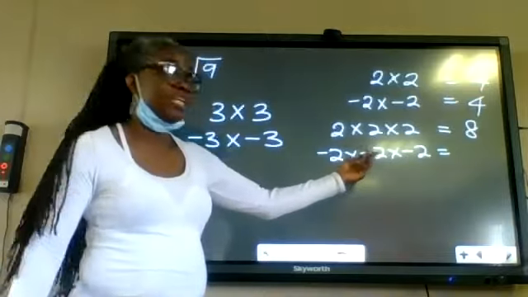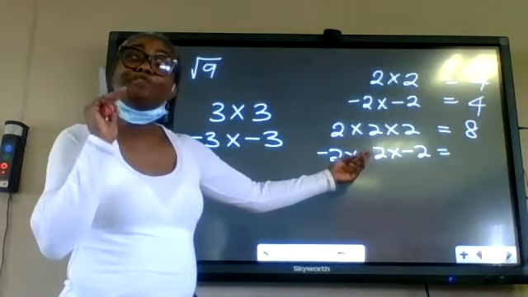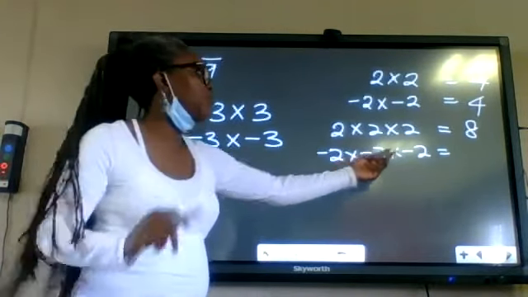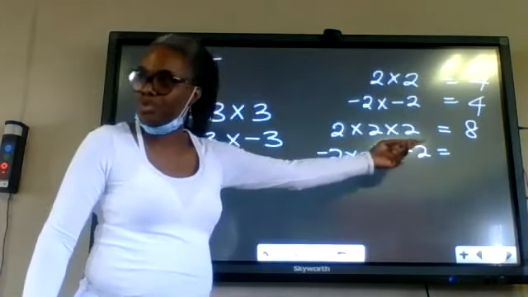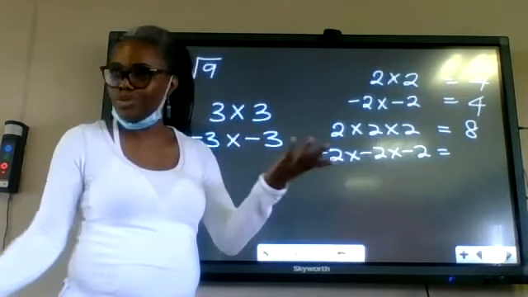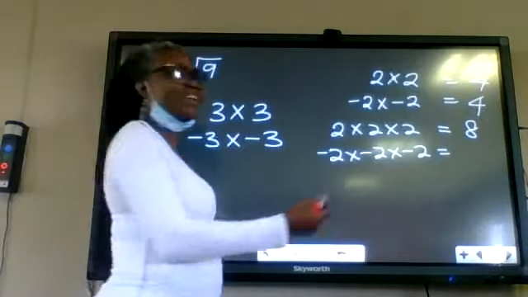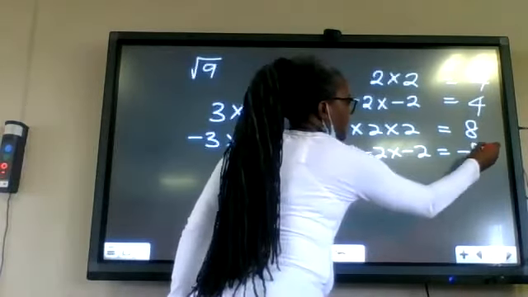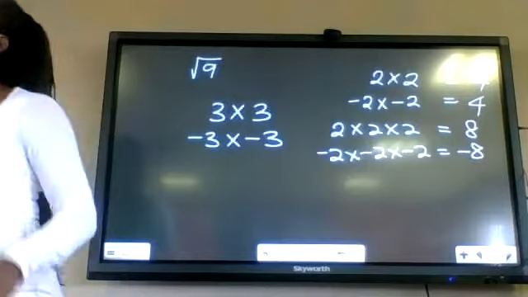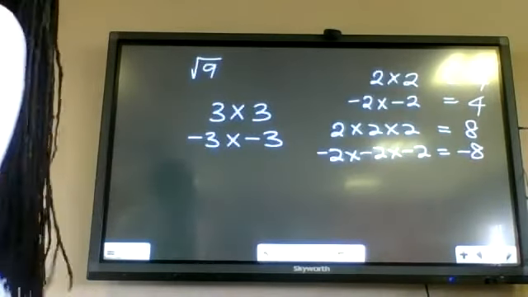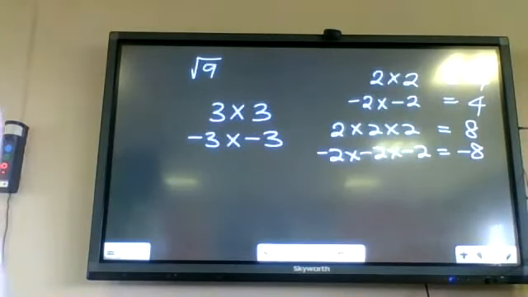So negative 2 times negative 2 already gives me positive 4. Now that positive 4 multiplied by negative 2, two different signs, so my answer must be negative. So we said the cube root of a negative number will also be negative. But like I said, I know you're going to use a calculator for that.